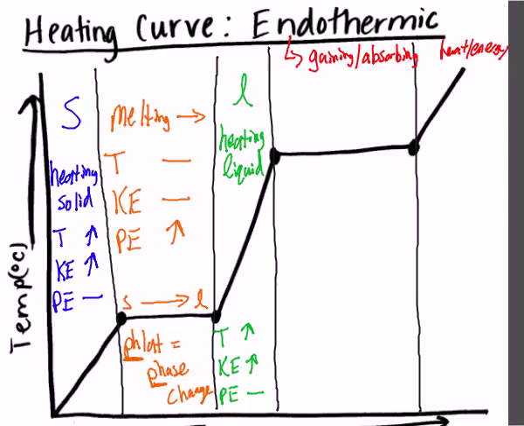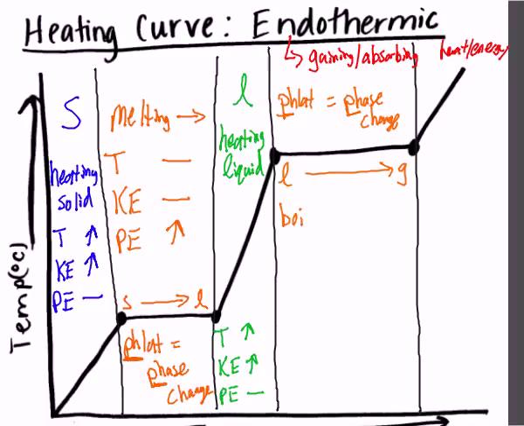Now, the next section, again, what type of line is it? It's a flat line, which equals a phase change. Flat line equals a phase change. All right, we're going from a what to a what here? Liquid to a gas, which is known as what? Boiling.